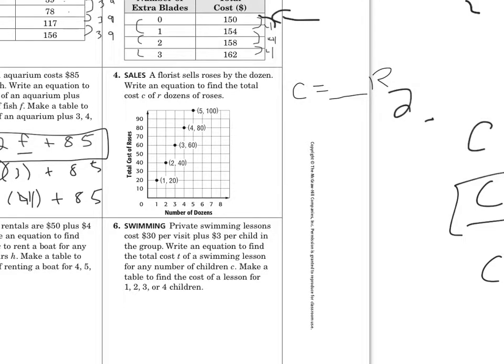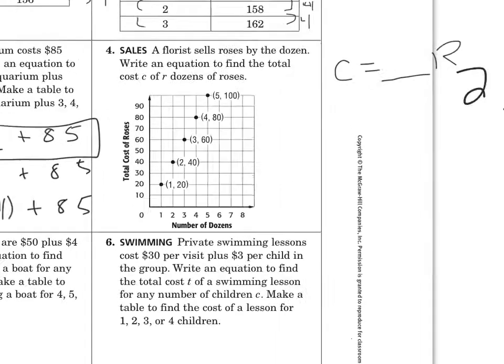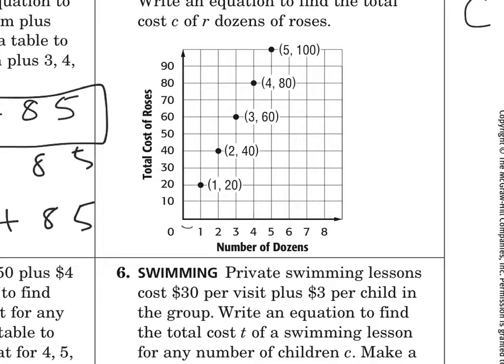Well, the thing is that our x value keeps going up 1 each time. Okay? And our y value keeps going up 20 each time.